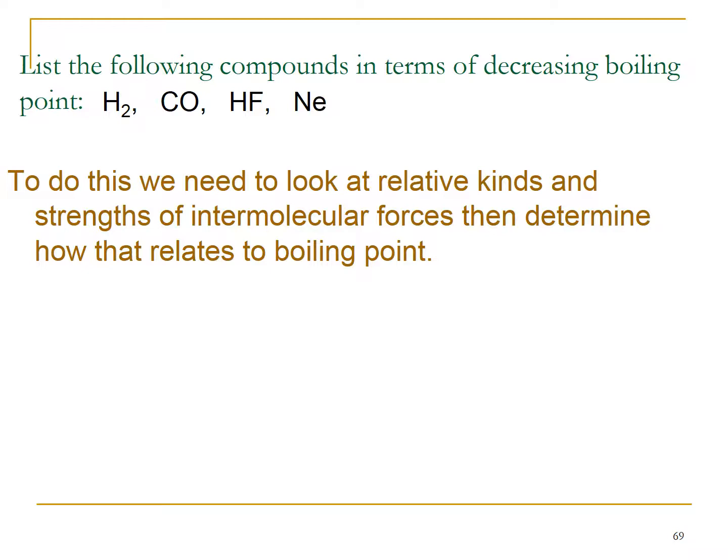Then we have to look and see what kind of intermolecular forces each molecule has. These are pretty straightforward here because they're small, but you may have to review chapter 10, where we look at polar bonds and how to figure out what a polar bond is by looking at electronegativities.